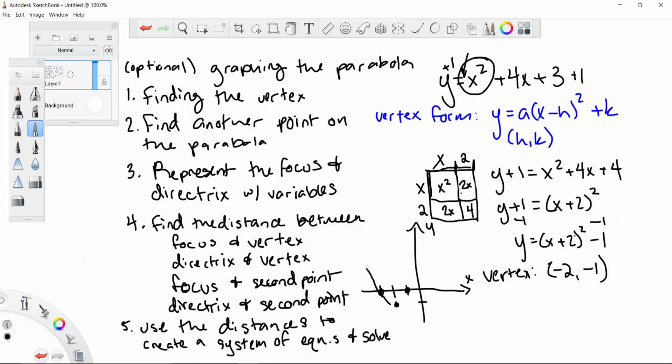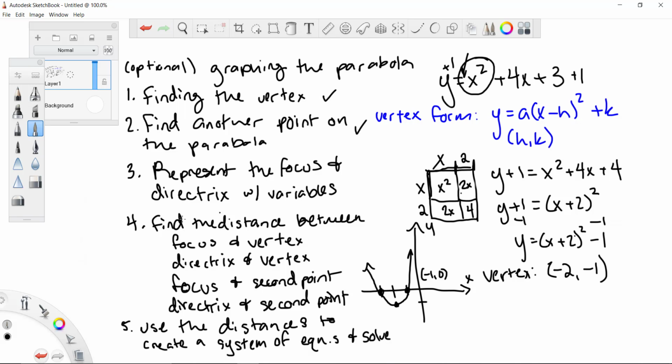So we have a graph, and that pretty quickly gives us some really nice points to work with, such as the point -1, 0.